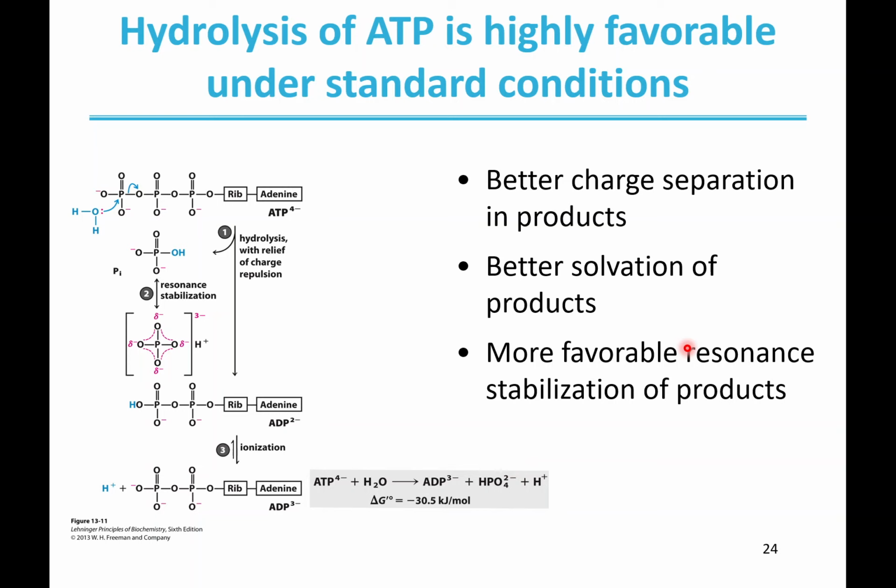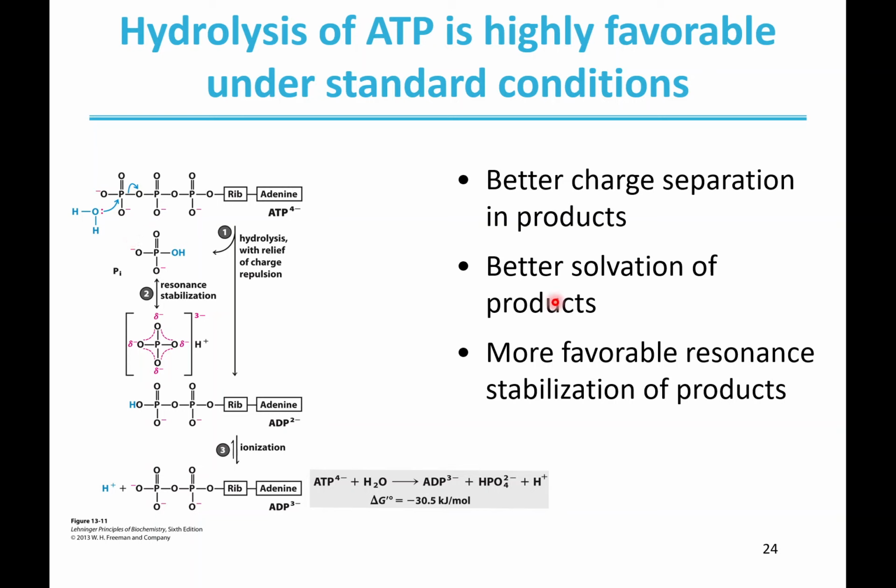The hydrolysis of ATP is highly favorable under standard conditions. Why is that? Well, there's better charge separation in the products. In ATP, these phosphate groups have negative charges very close to one another. Breaking off that gamma phosphate takes away some of those negative charges, simply spreading the charges out, which is favorable.